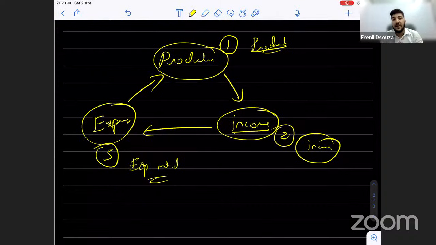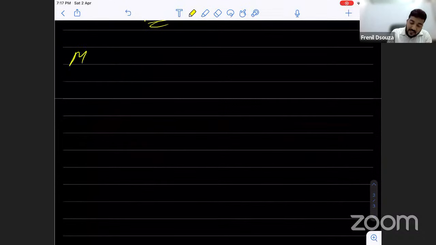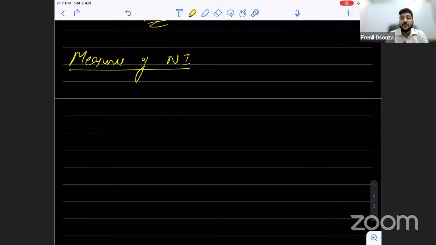This is how we learned why there are three different methods of calculating national income. Now, with that, I have to go to the next term, something called measures of national income. And I had also told you what is the difference between methods and measures.